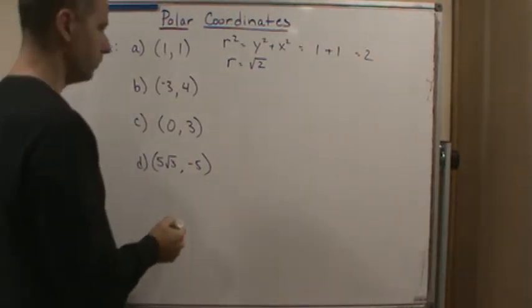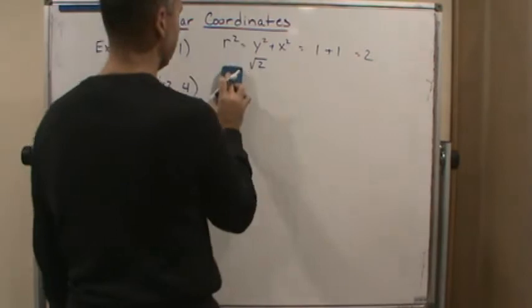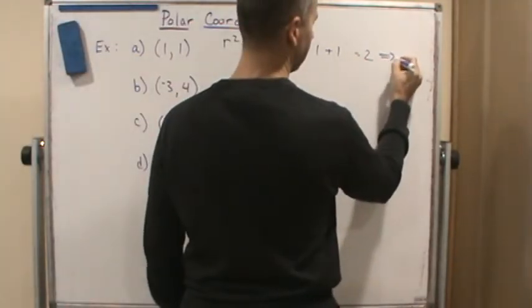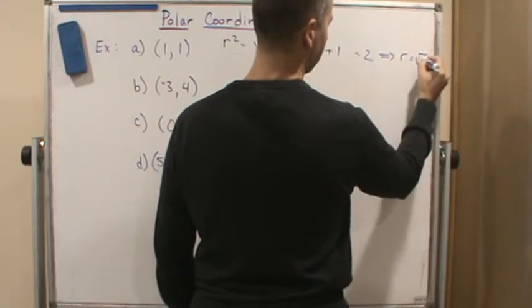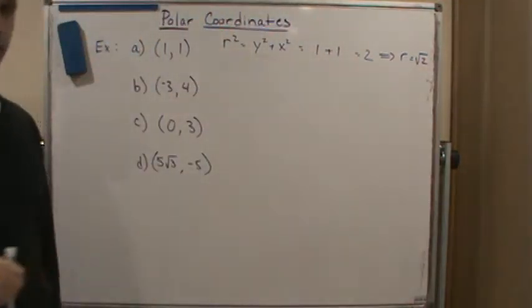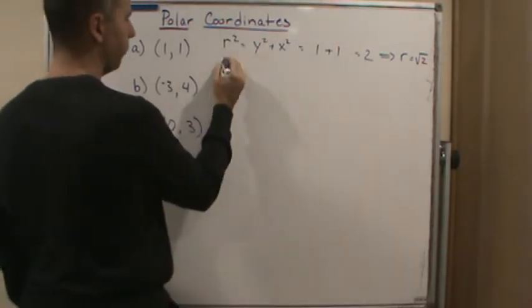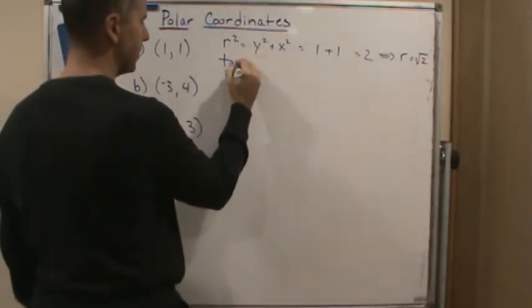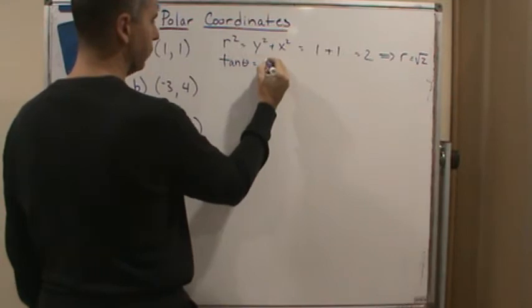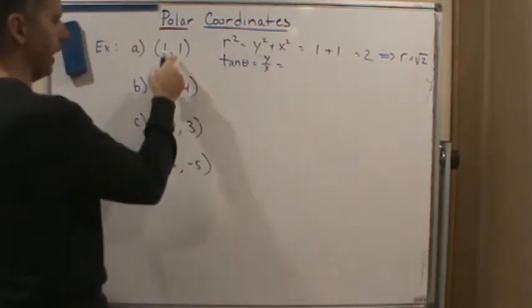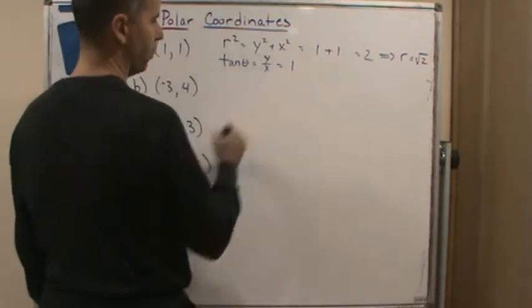Okay, so let me write this over here. We've got the radial coordinate. Now what about theta? Well, we're going to use the formula tangent theta equals y over x. So y over x is 1, so this is just 1.